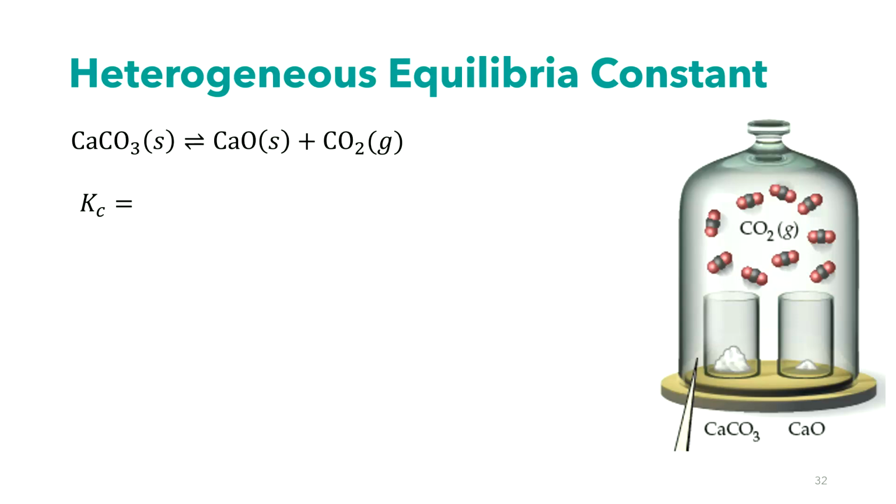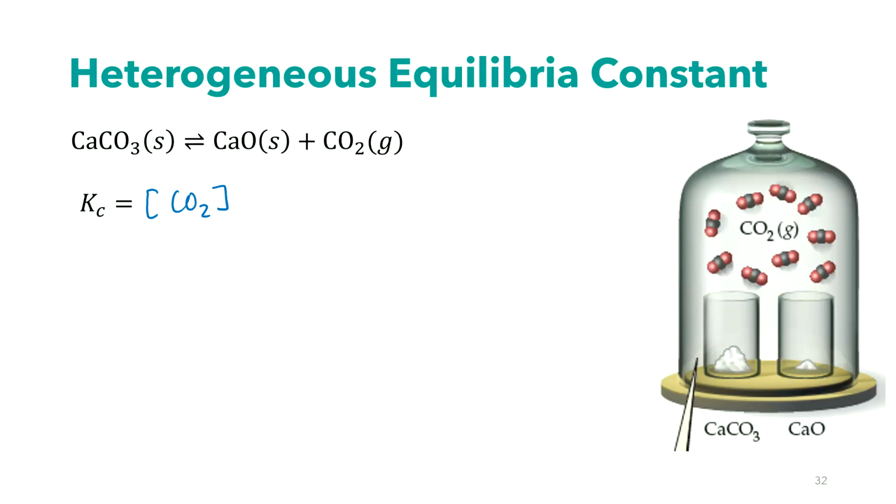Where does the system naturally gravitate to? What dictates that? This is a really simple Kc expression because we don't include the solids. It is just the concentration, or if it was a Kp, the pressure of CO2.